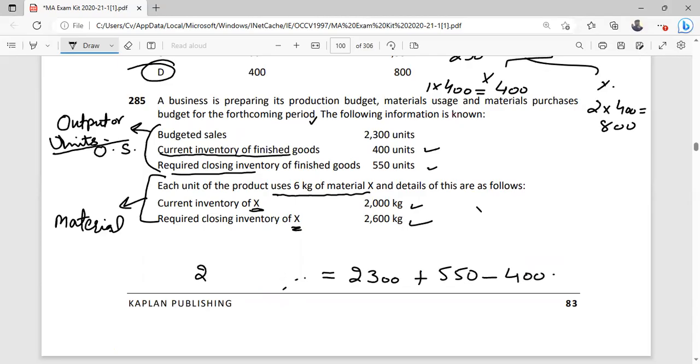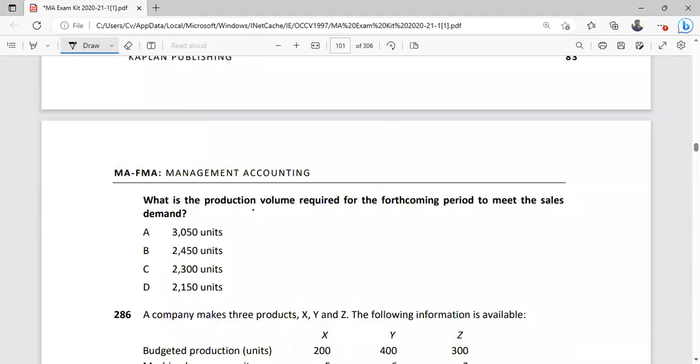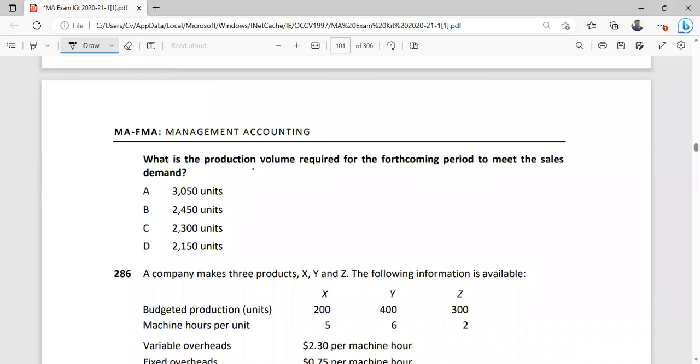So we can say 2450 is the required production to meet the sales demand. So this is the required production volume.